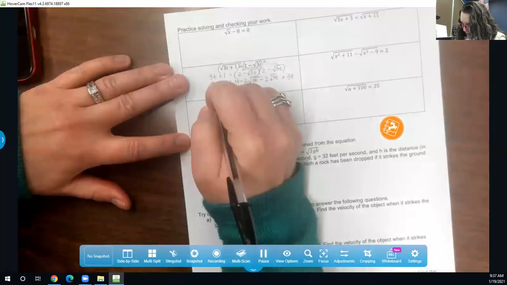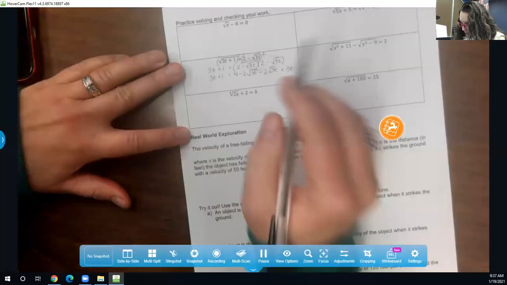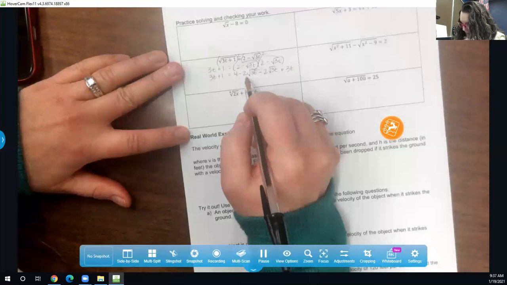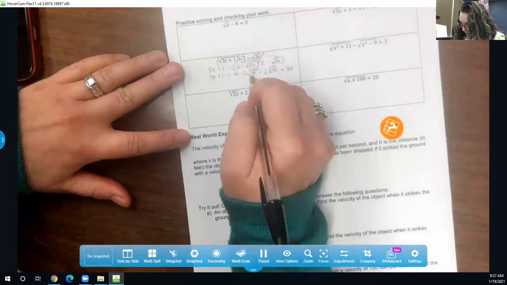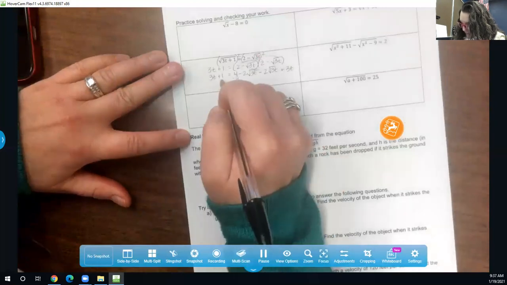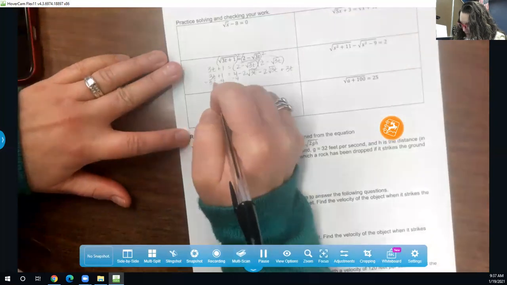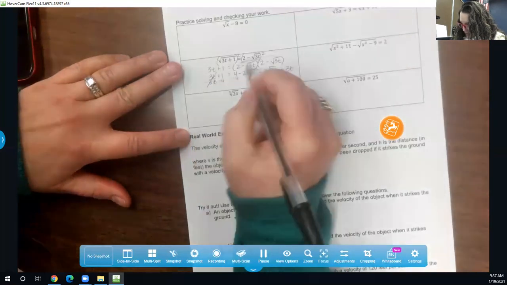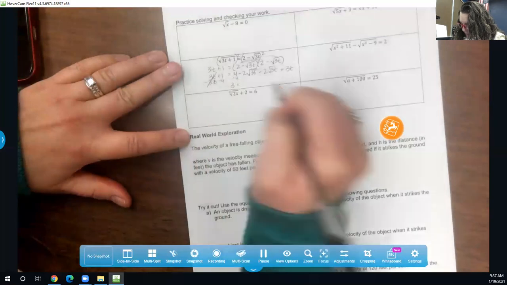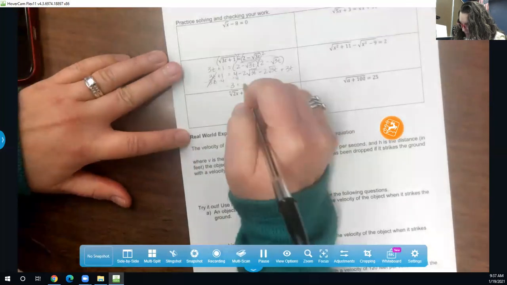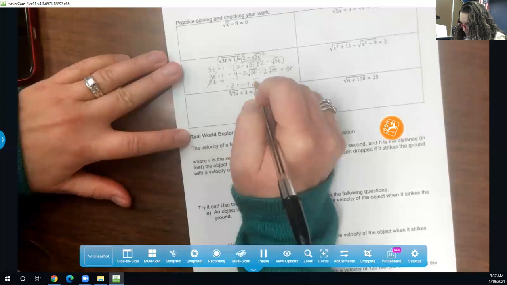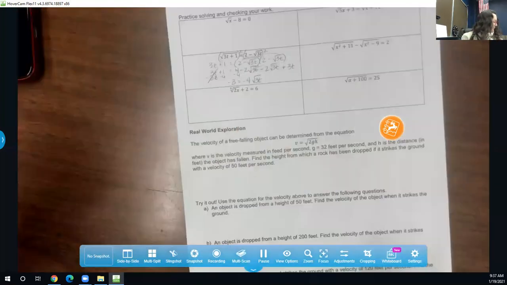Equals 3t plus 1. All right, so let's work this out, see what we get. I'm going to isolate my radical again by subtracting 4 and subtracting 3t. Okay, that's nice. Those cancel. So I have a -3 equals -4 times the square root of 3t.